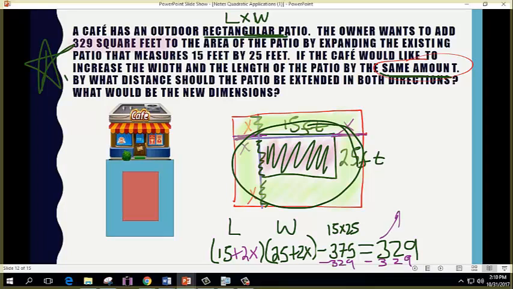What I'm going to do is get a 15 plus 2x by 25 plus 2x. And I'm going to subtract off, if you add those two parts, these guys go away, and you're left with negative 704. So you have minus 704.